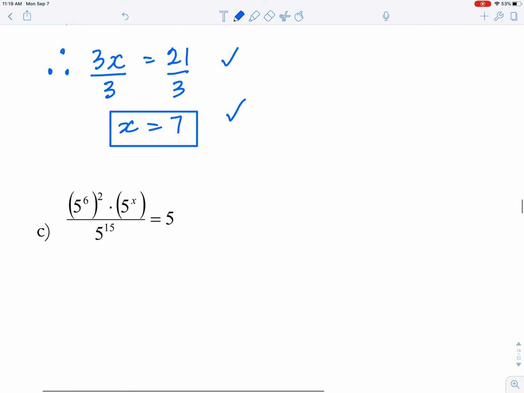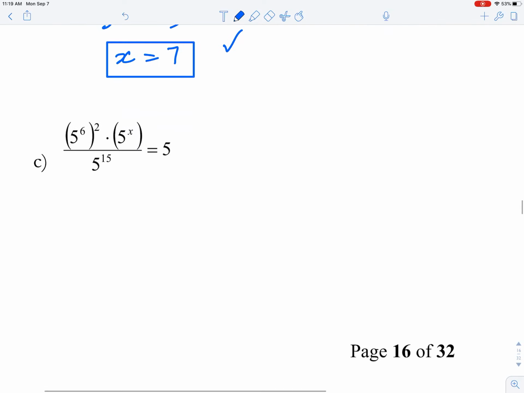Okay. A little bit trickier, but not really, because you're good at these exponent rules now. Power of a power there. So I'm going to get on this left side 5 to the 6 times 2, times 5 to the x, divided by 5 to the 15 equals 5.